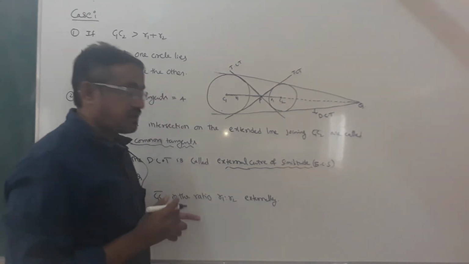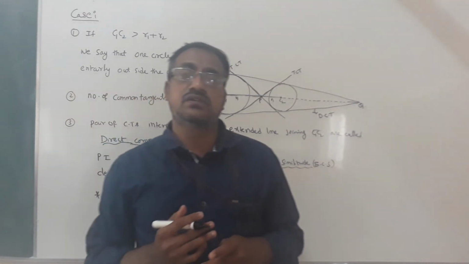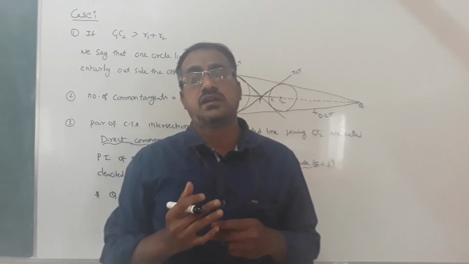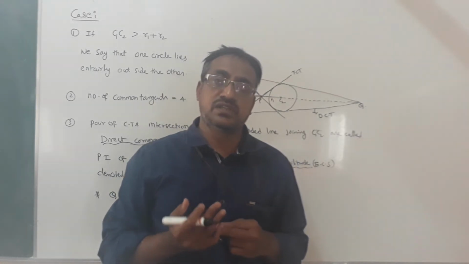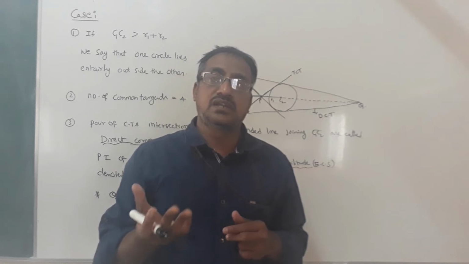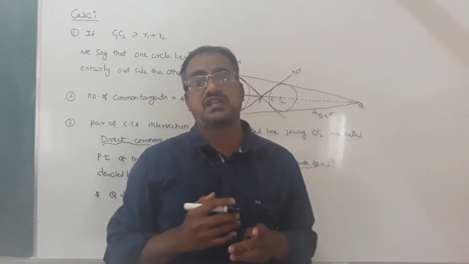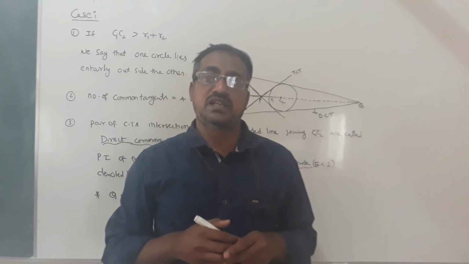We can find that point of intersection using the section formula: (l x2 minus m x1) by (l minus m), (l y2 minus m y1) by (l minus m).